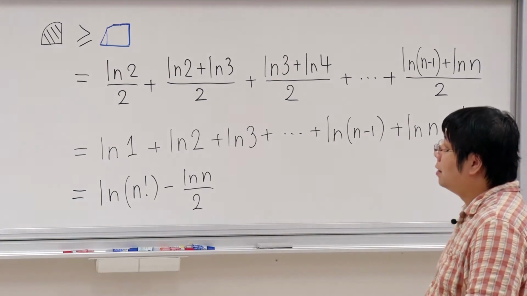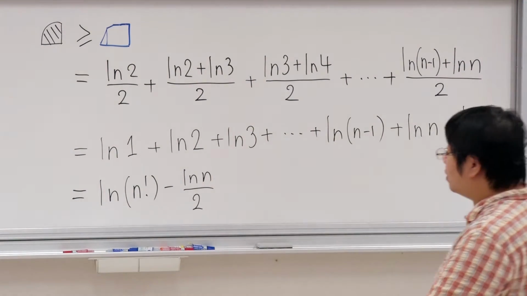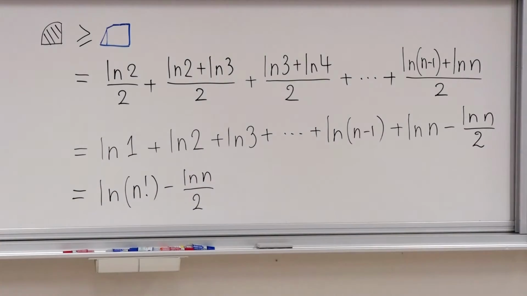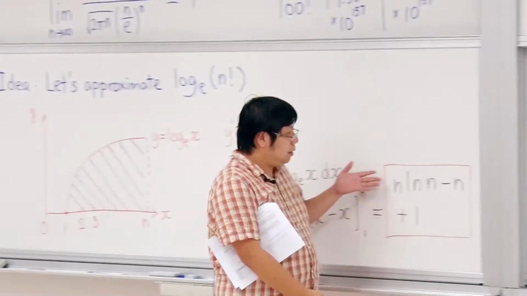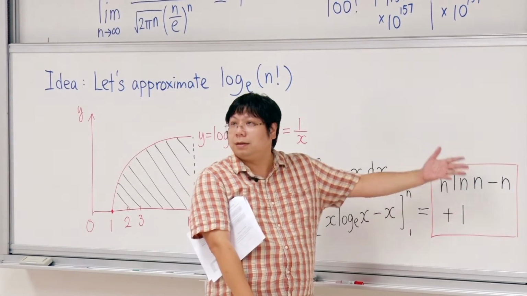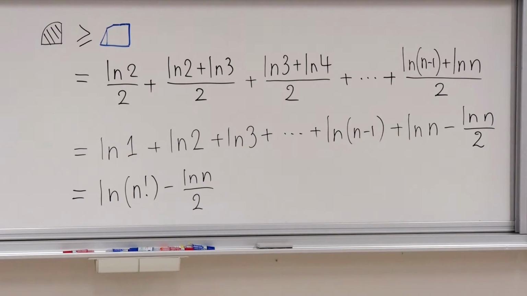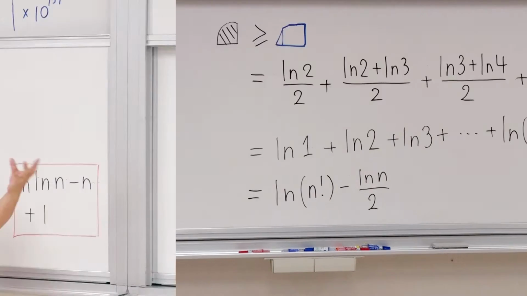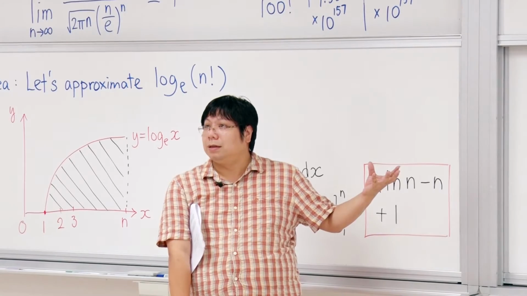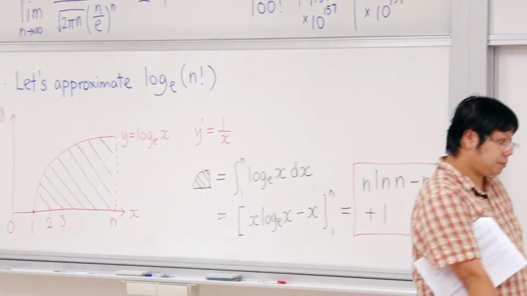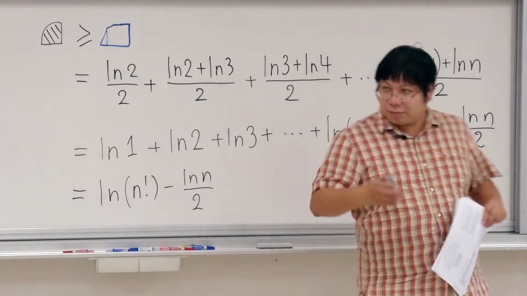So far, if you take a look, this side is just a function of n. That side, you have log of n factorial is equal to something. So immediately, we can actually have a bound about this log of n factorial already. Okay. But let's do something more.